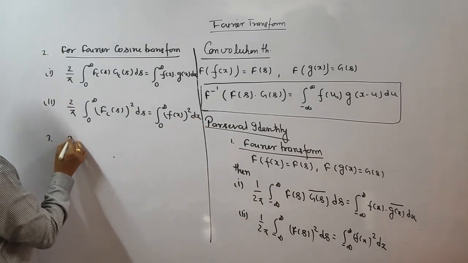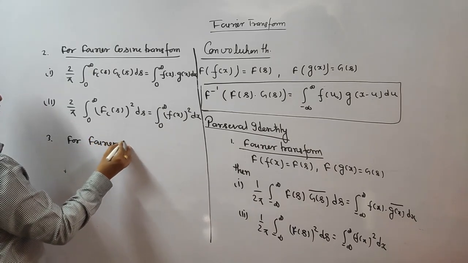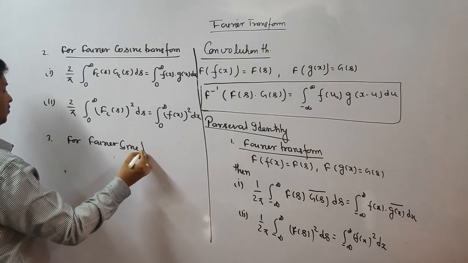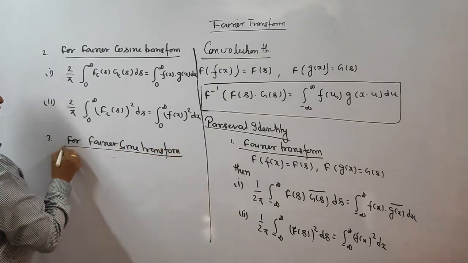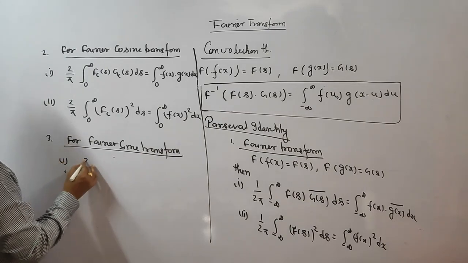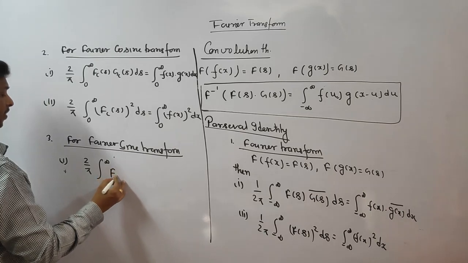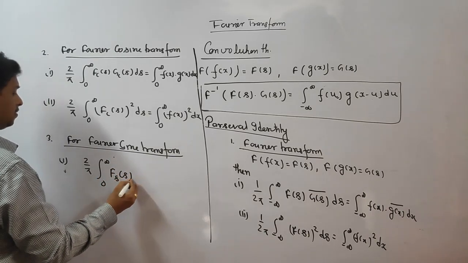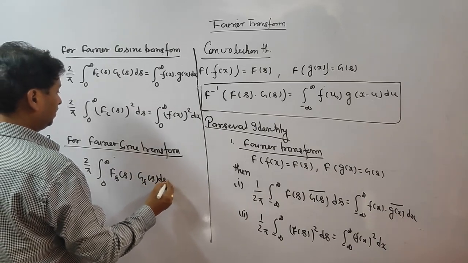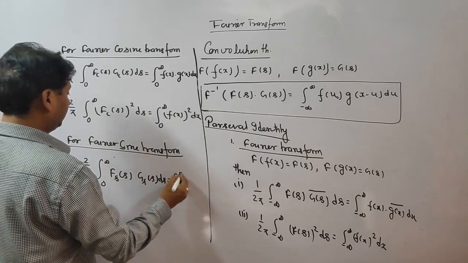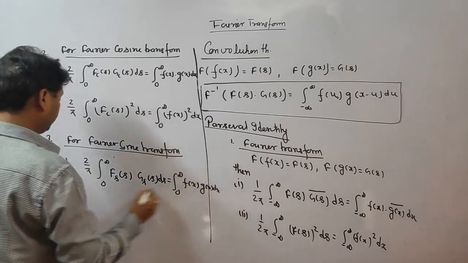Third, for the Fourier sine transform, the first identity is 2 upon pi, integral from 0 to infinity, same type, Fs(s) Gs(s) ds is the integral from 0 to infinity of f(x) g(x) dx.